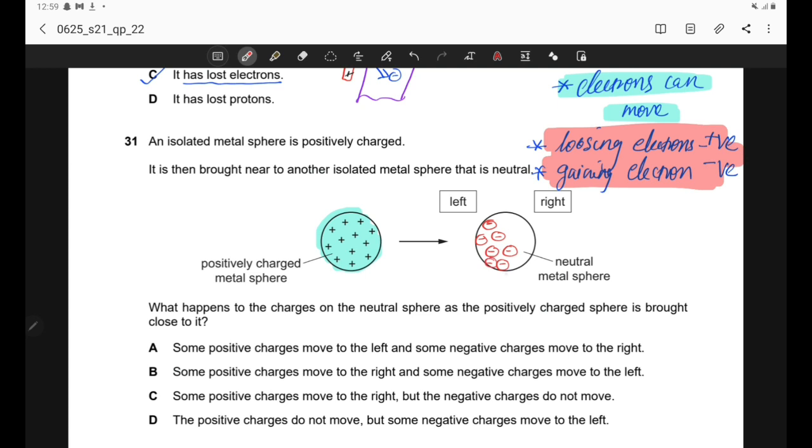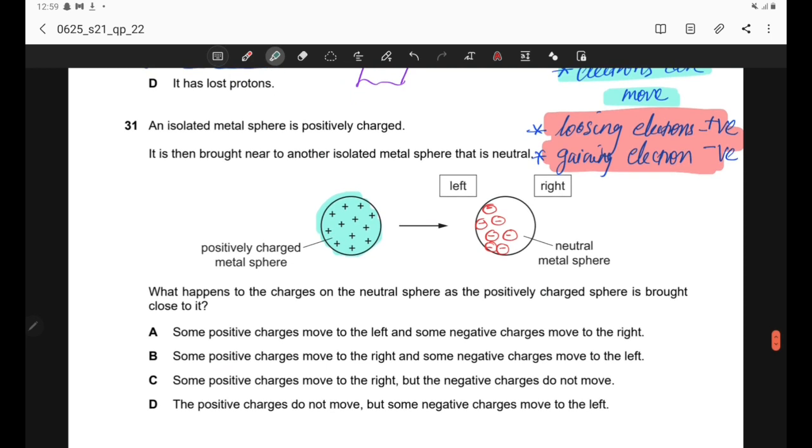So the negative charges will get attracted to the positive side. The important point is that only negatively charged particles will move. The positively charged particles, that is protons, cannot move, they can only stay inside the nucleus.